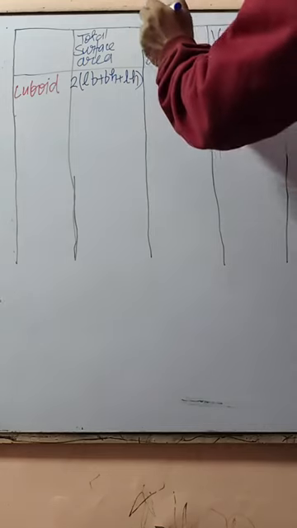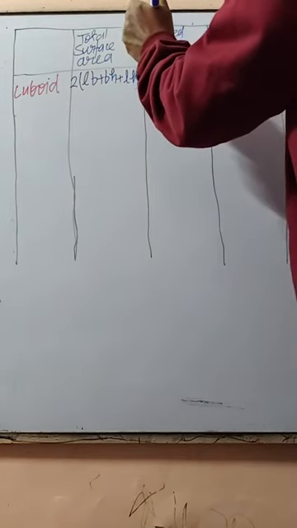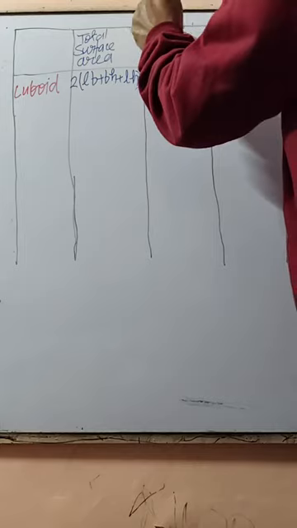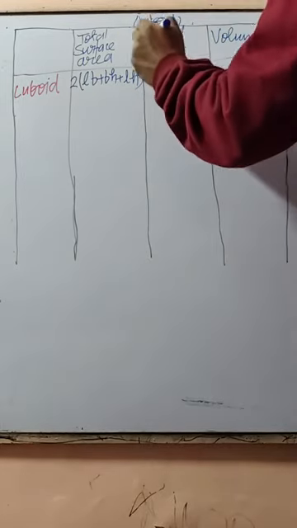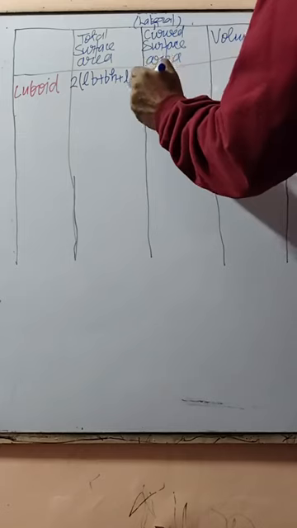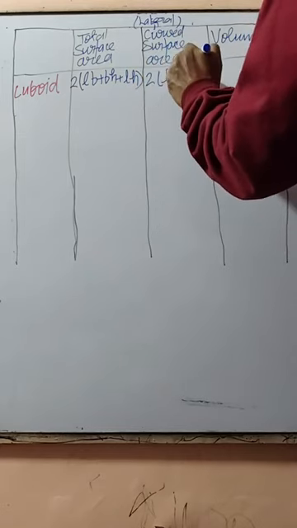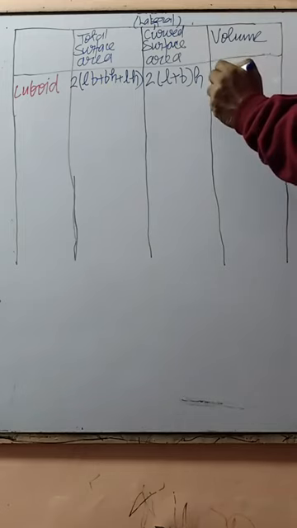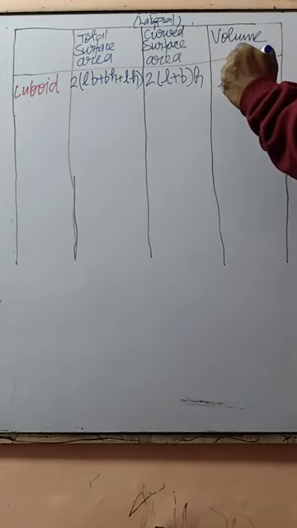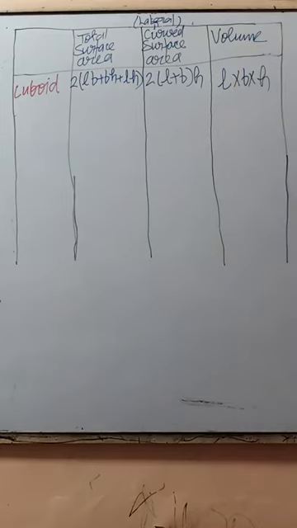Curved surface area is also known as lateral surface area. So that is 2 bracket L plus B into H. And volume of cuboid is L into B into H. Done? Yes, sir. Okay.